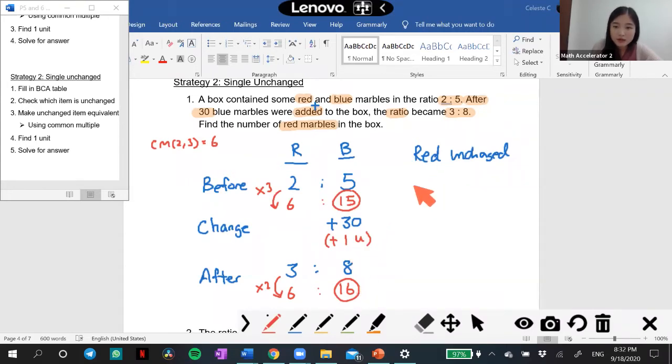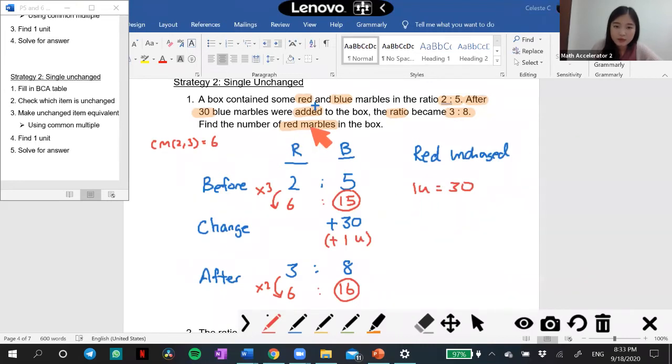So what does this tell us? 1 unit is equal to how many marbles? 30. You have 1 unit here and you added 30. So whatever you added must have been the 30 blue marbles. So 1 unit equals 30.